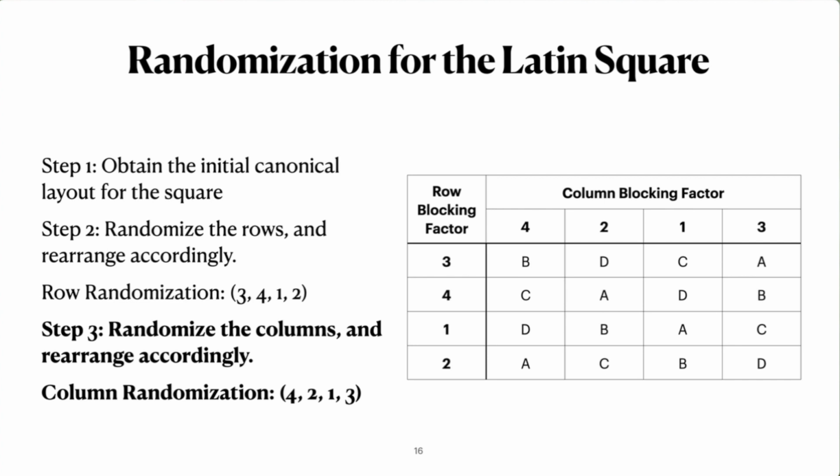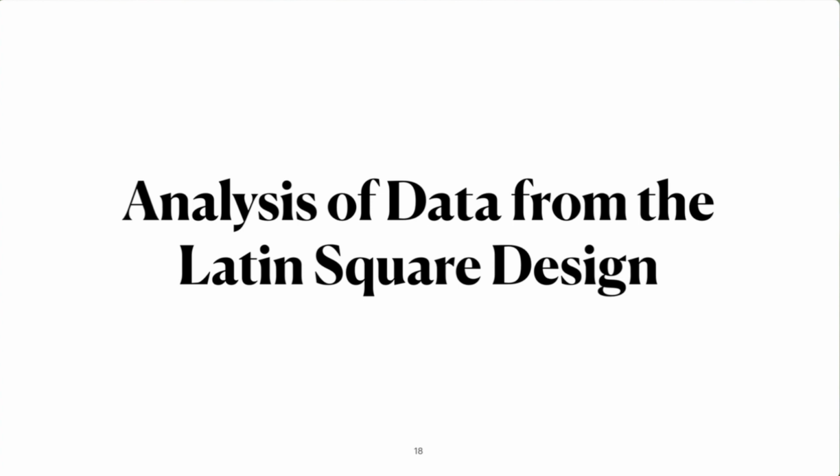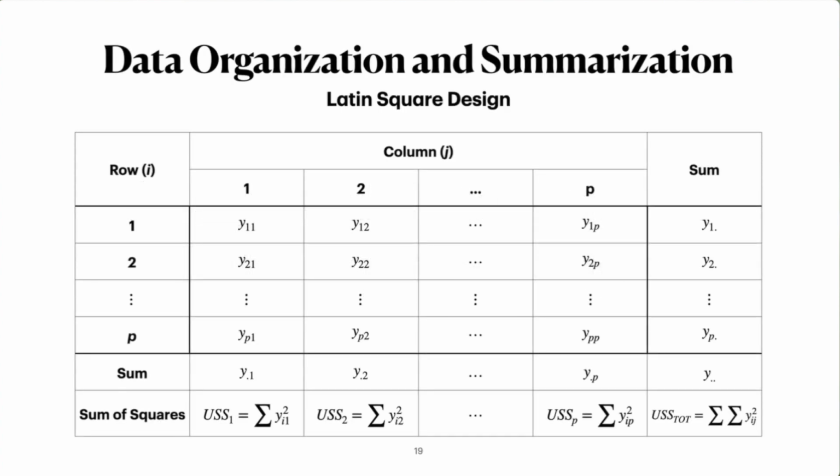And so that's what gives those kinds of analyses greater power and greater precision. So that's a very important characteristic of the Latin square design that I wanted to make sure that you were aware of.